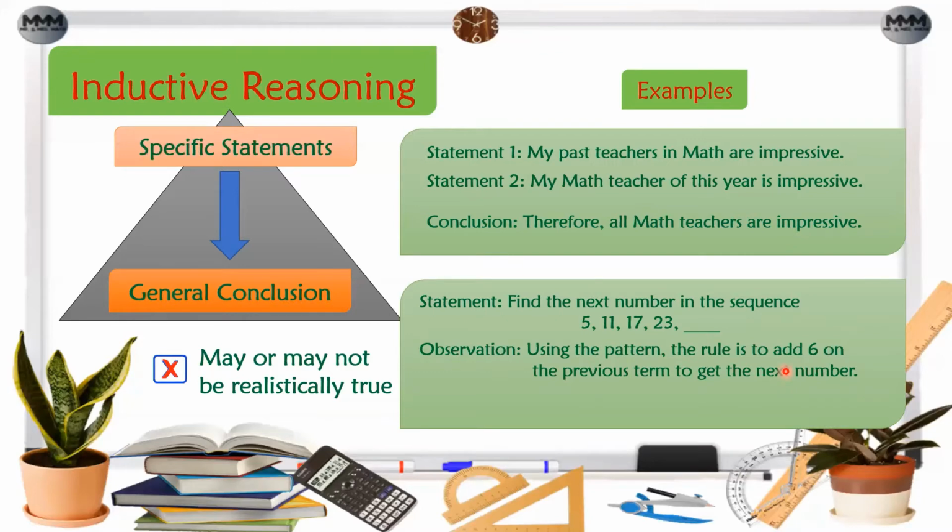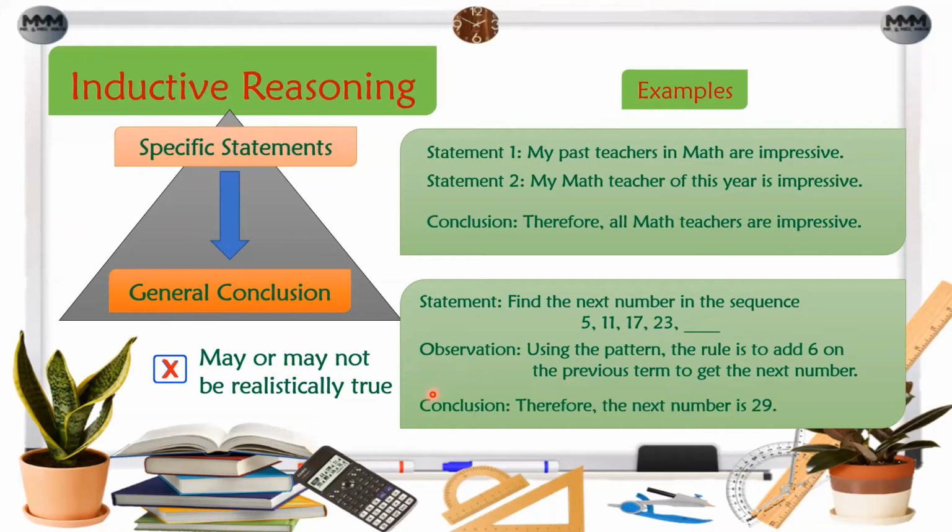As you can see, the rule is to add 6 to the previous term to get the next number. Here, 5 plus 6 is 11. 11 plus 6 is 17. 17 plus 6 is 23. Now we look at the next number.